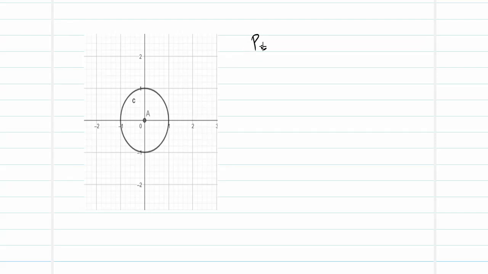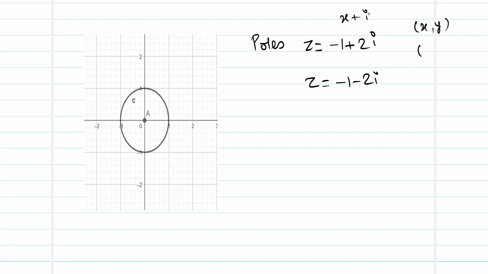Now what are going to be my poles? My poles are z is equal to -1 plus 2i, and z is equal to -1 minus 2i. When I convert it in terms of the Cartesian coordinate x comma y, this pole -1 plus 2i turns out as, because this is of the format x plus iy, in place of x I have -1 and in place of y I have 2.